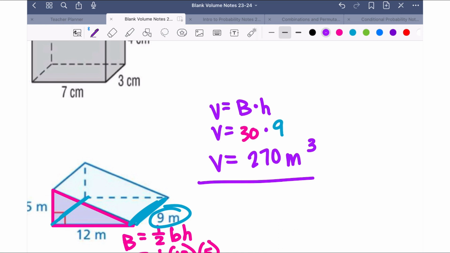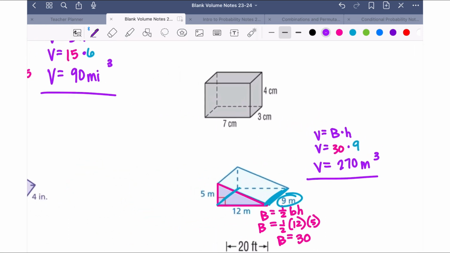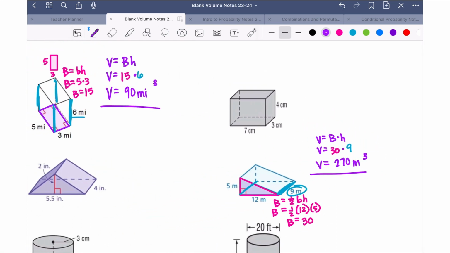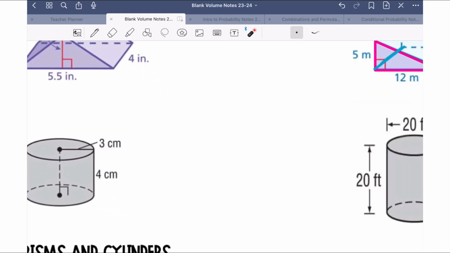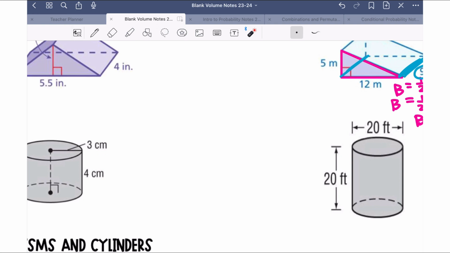Okay, that's the triangular prism. So notice how everything was the same except doing the side work for the area of the base is a little different since that's a rectangle here and this is a triangle. Okay. Let's do a cylinder. Which one do y'all want to do? Well, you can't answer me because obviously I'm not there.